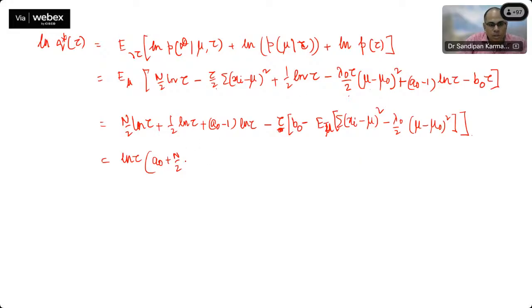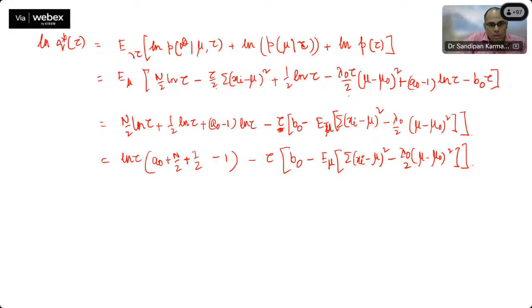So this will be n by 2 plus half, and minus 1. So a naught plus n by 2 plus 1 by 2. Now minus tau b naught minus this part: the expectation of this part, summation of xi minus mu whole square, minus lambda naught by 2 mu minus mu naught whole square.